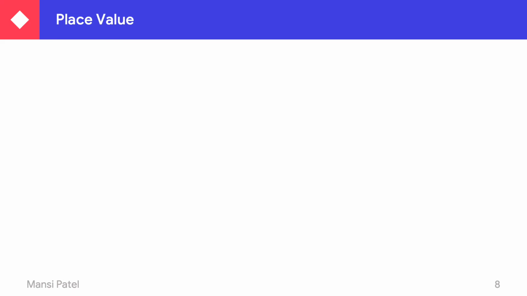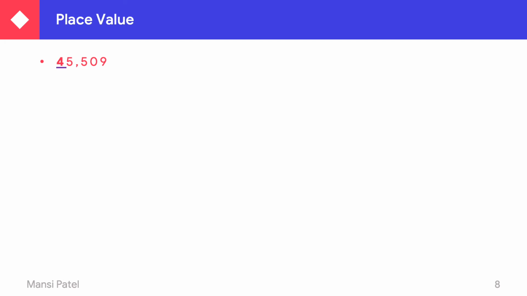Let us see the place value. What we have to do in the place value? You have to write down the value of underlined digit. Okay, that underlined digit, written on which place, that you have to write down in a number. The first one, 45,509.